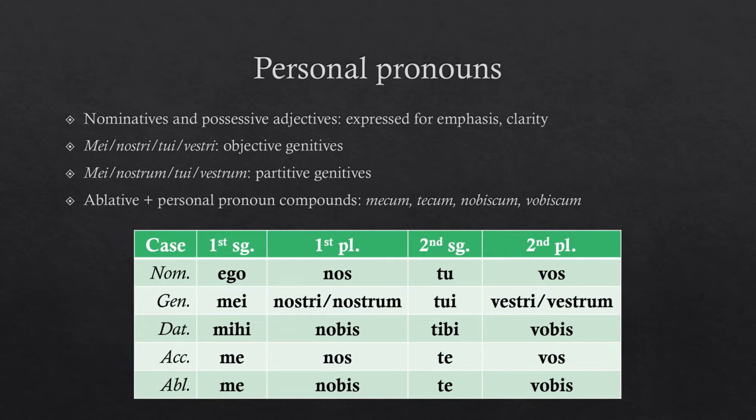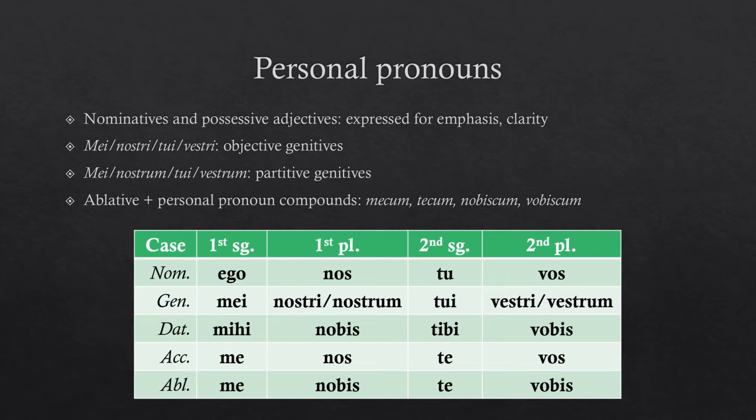We've seen in Latin that personal pronouns are often not expressed in the nominative case, since all finite verbs inherently communicate their subject. When nominative personal pronouns such as ego, nos, tu, and vos are expressed, this is for emphasis and clarity. This is also true of possessive adjectives, meus, tuus, noster, and vester in all cases.